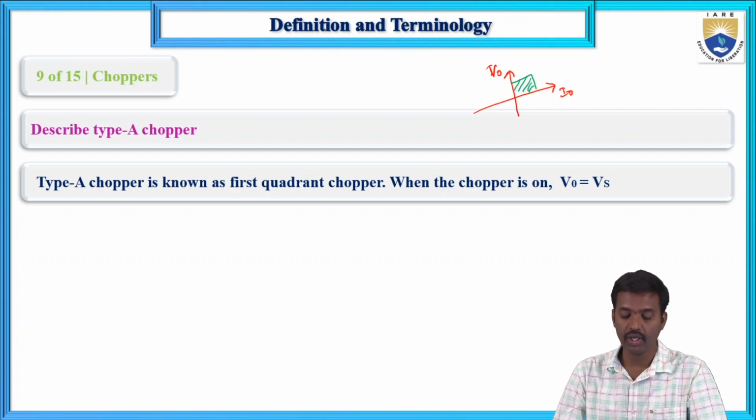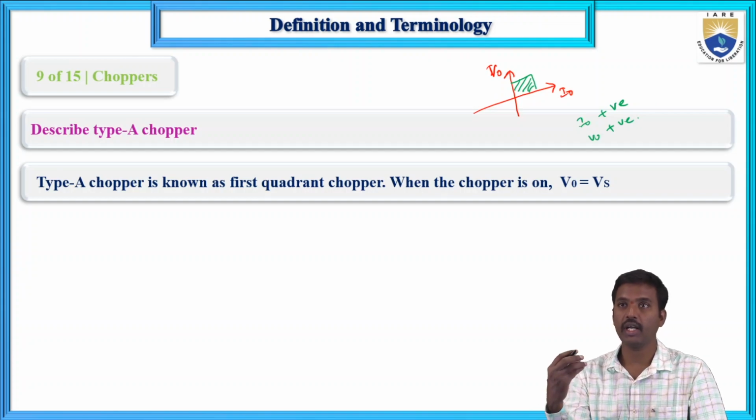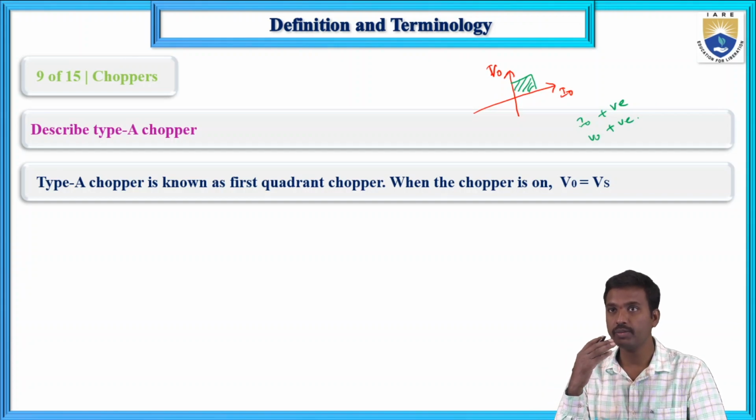If you see the circuit diagram here, first quadrant chopper means I naught is positive and V naught is positive. I naught positive means the supply current always flows from the supply to the load, which means power flows from supply to the load.